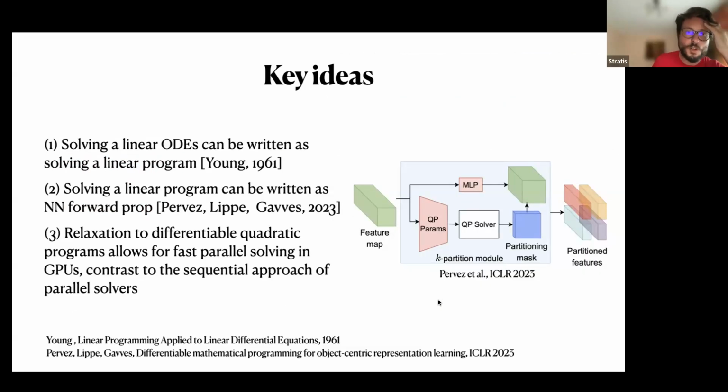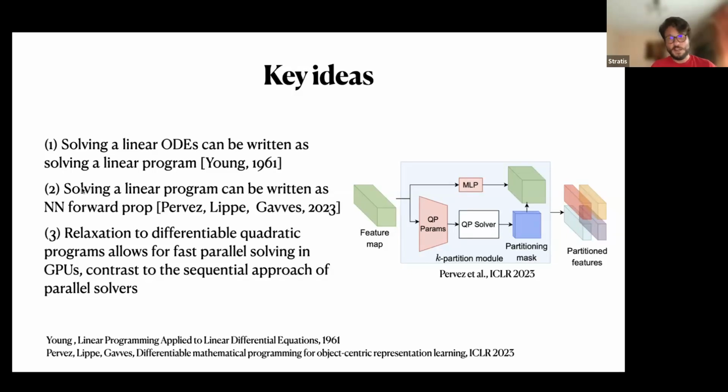Now, how does this work? It's a bit crazy. The key ideas are as follows. First of all, we make the observation, actually an observation from the 60s, that solving a linear ODE can be written as solving a linear program, like min-cut max-flow.